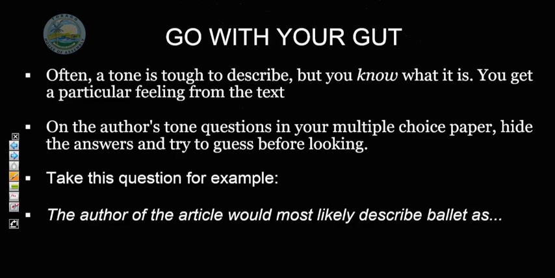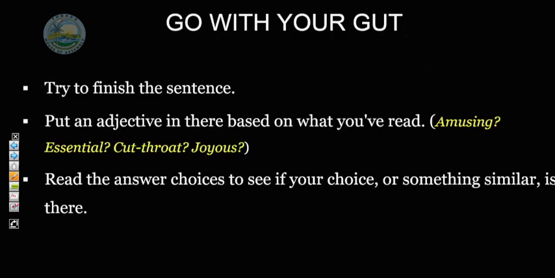So for example, you may have a question that says, the author of the article would most likely describe ballet as... What you want to do is block off the answers that you're presented with, your A, B, C, D options. Remember what you read, and see if you can come up with a logical answer.